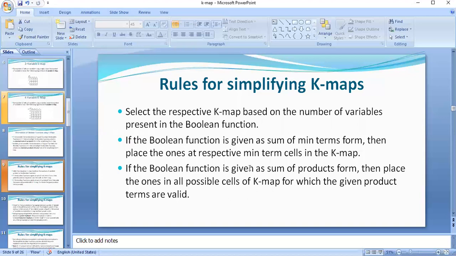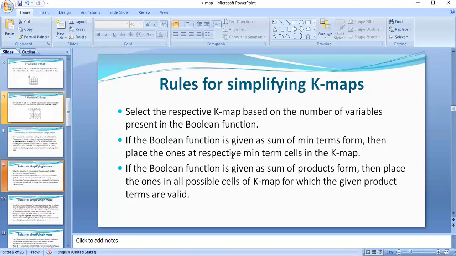So the first step is to draw the K-map for the given number of variables: if the number of variables is 3, draw a 3 variable K-map; if it is 4, draw a 4 variable K-map. In the second step, we place the given minterms or maxterms in the K-map at their respective positions.